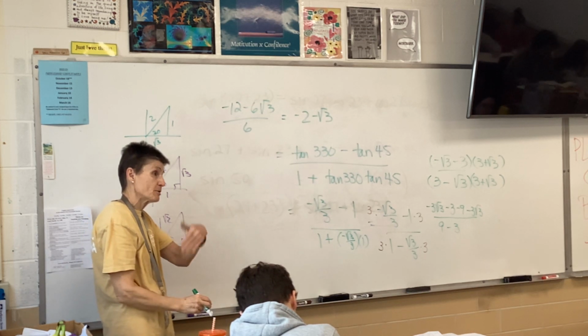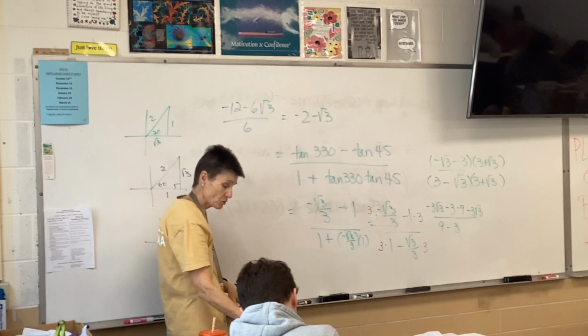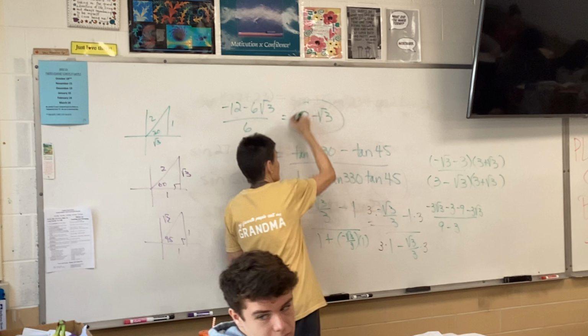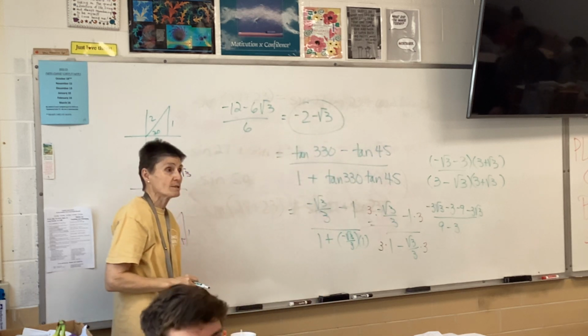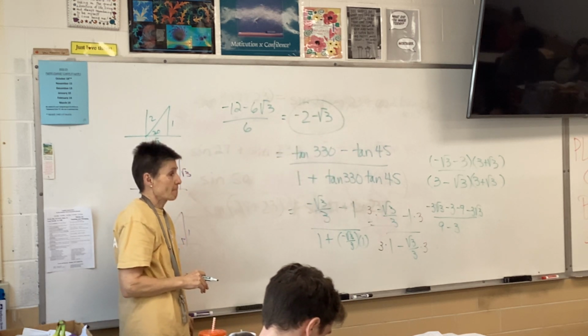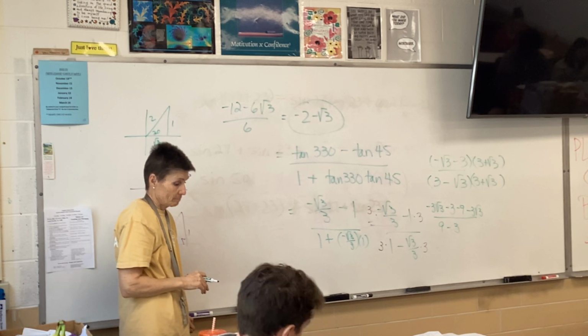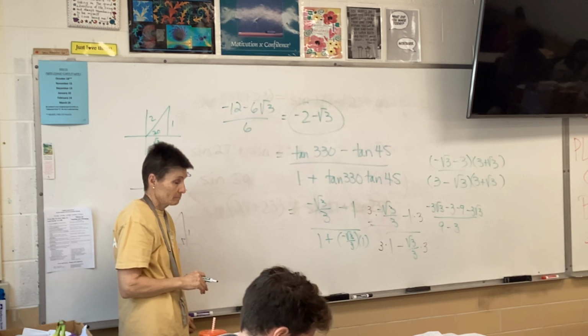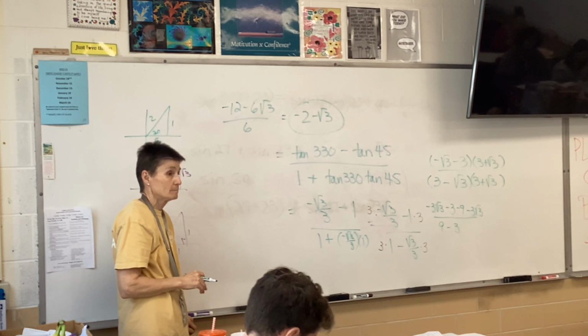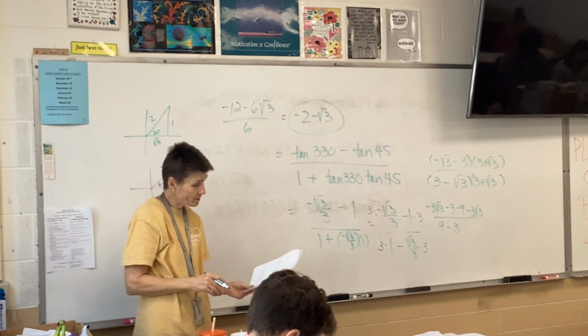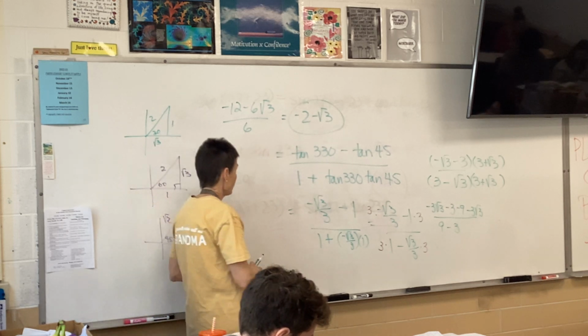All right, take those calculators back out. Type in tangent 285. And then type in this number, just to prove to yourself that this works. This is all legit. Did it work? Of course it did.